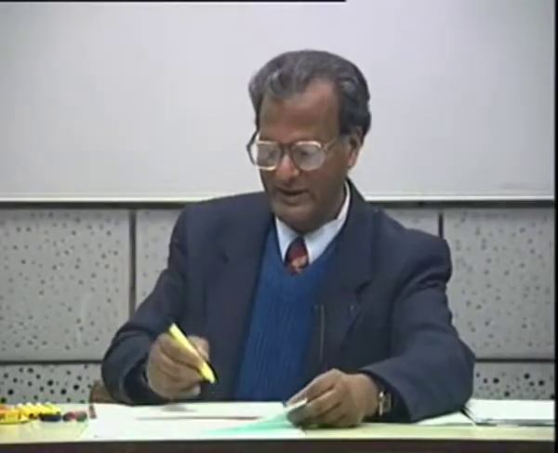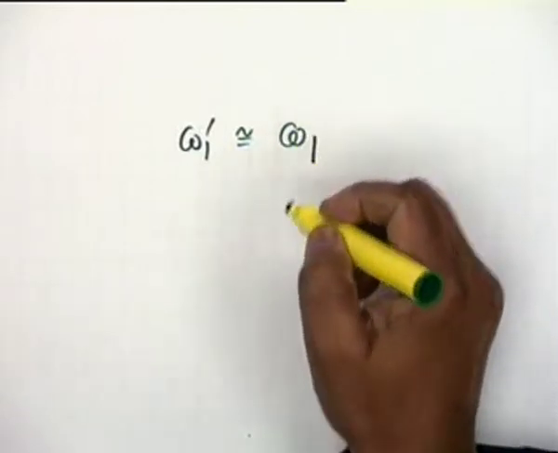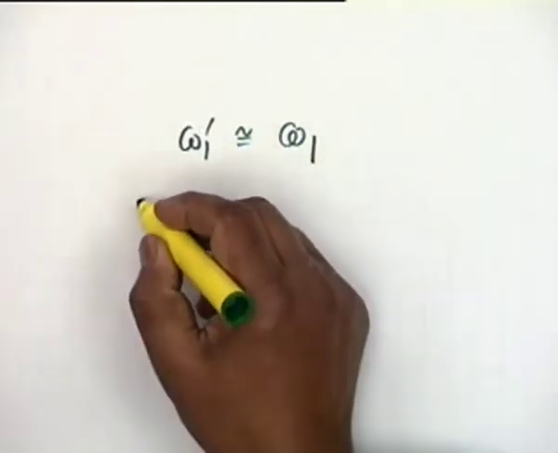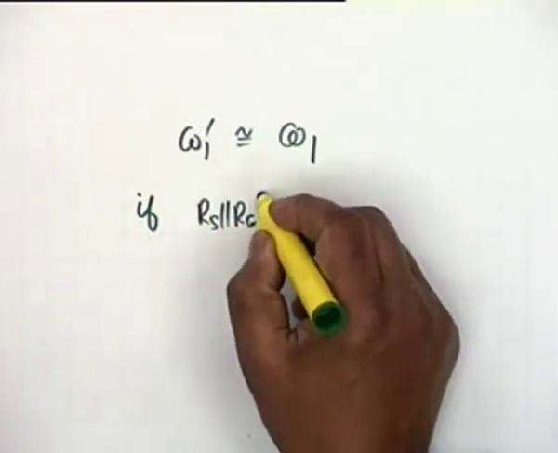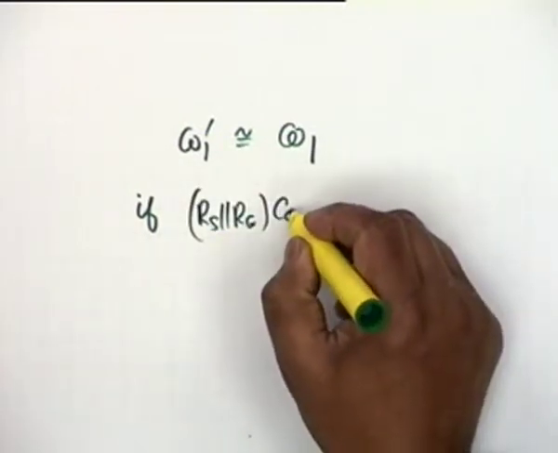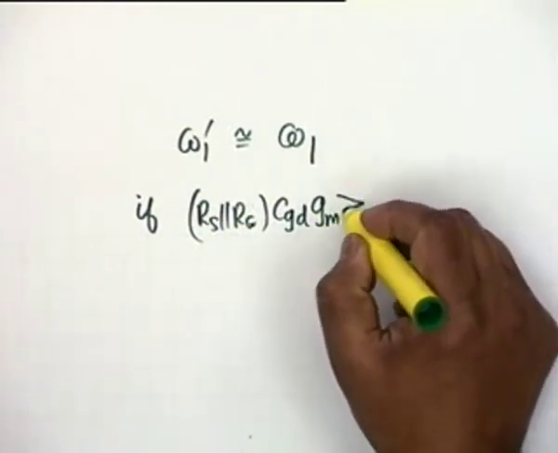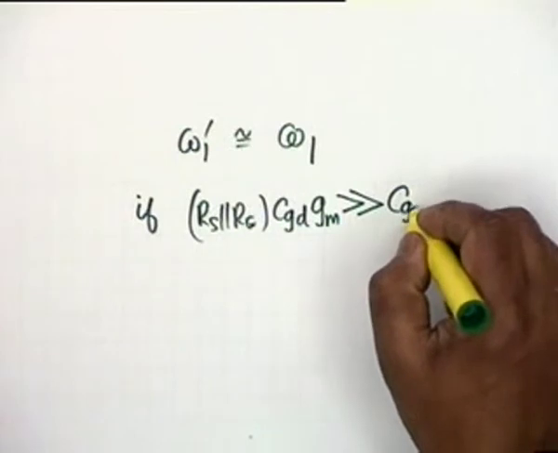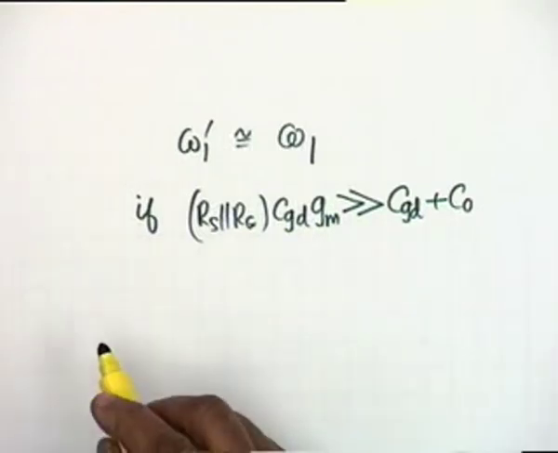We are finding out an inequality. So omega 1 prime, to make a profound statement, omega 1 prime is approximately equal to omega 1 if RS parallel RG multiplied by CGD GM is much greater compared to CGD plus C0. Okay, this is the condition.